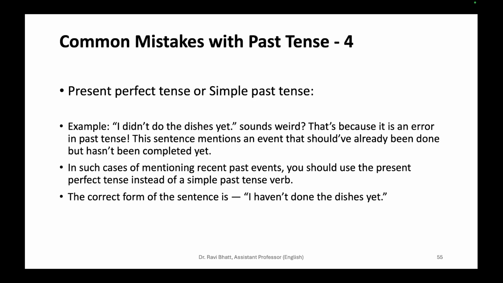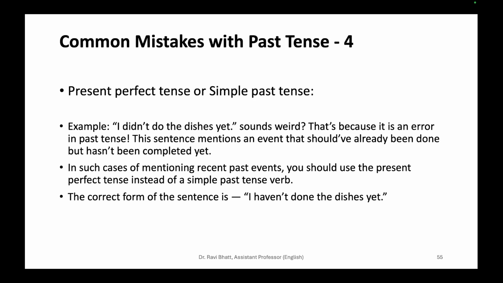Okay. Now, the correct form would be I haven't done the dishes yet. Okay. Now, here is why this happens. Say for example, when it comes to the sentence I didn't do the dishes yet, we are mentioning an event that should have already been done, okay, but hasn't been completed yet.